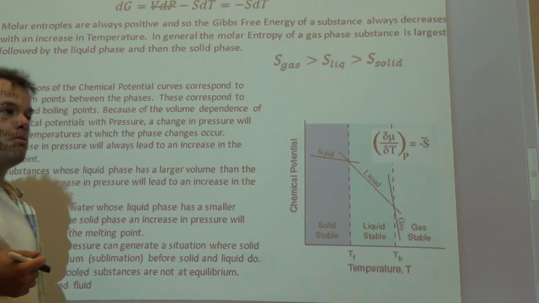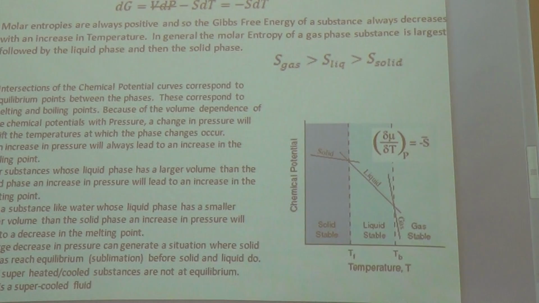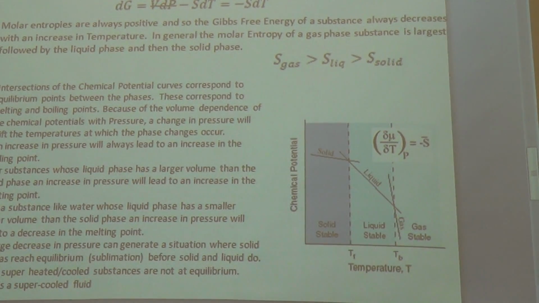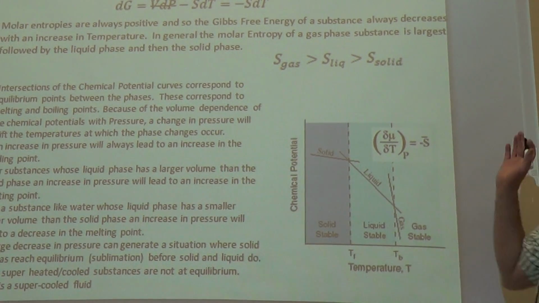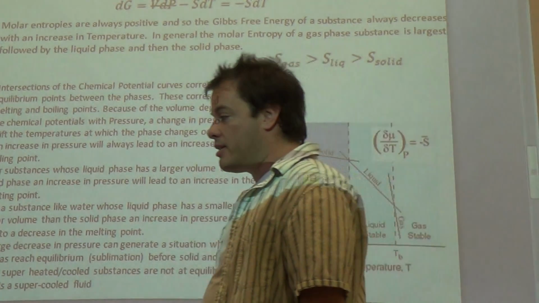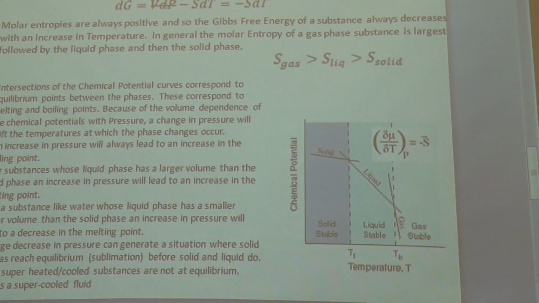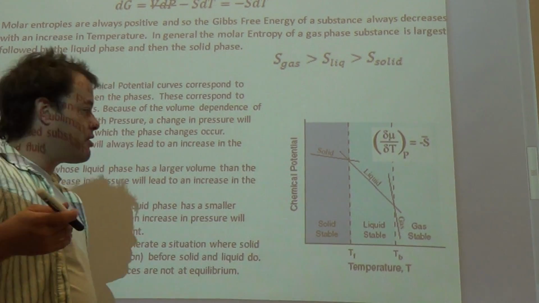We saw that for water, an increase in pressure actually shifts the melting point temperature to lower temperatures, and that was because water had a negative molar volume. We saw that for most things, an increase in pressure shifts the melting point and the boiling point to higher temperatures.